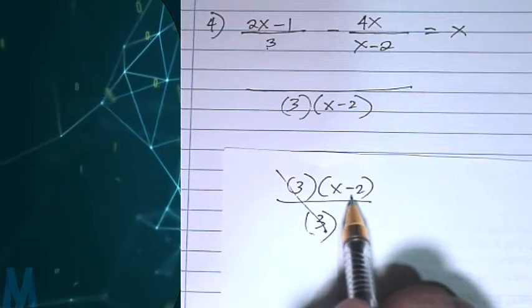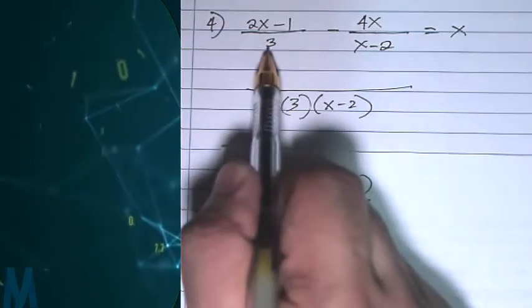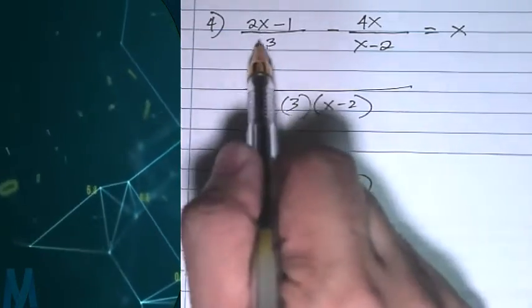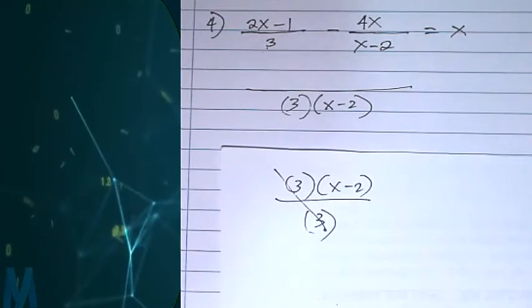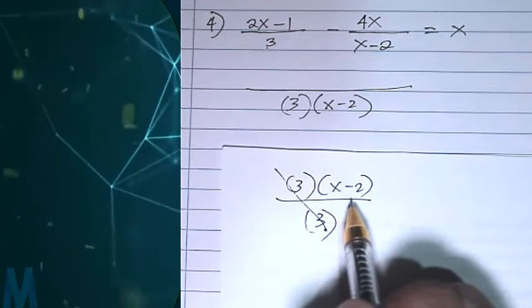And then we are going to multiply that with 2x minus 1. Okay, so again, divide, multiply, divide, multiply. Okay, so what we multiply to 2x minus 1 is x minus 2.